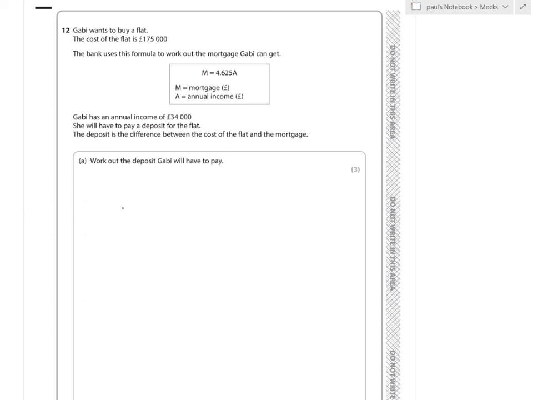Okay, what's a deposit? So the mortgage equals 4.625 times A, the annual income of £34,000.